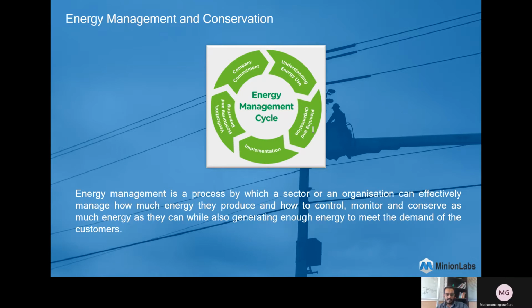Electricity has made life very easy, and thus its consumption is increasing day by day. In order to generate electrical energy, a lot of natural resources are being used. Traditionally, electricity was generated only from non-renewable energy sources, but now renewables also come into the picture.